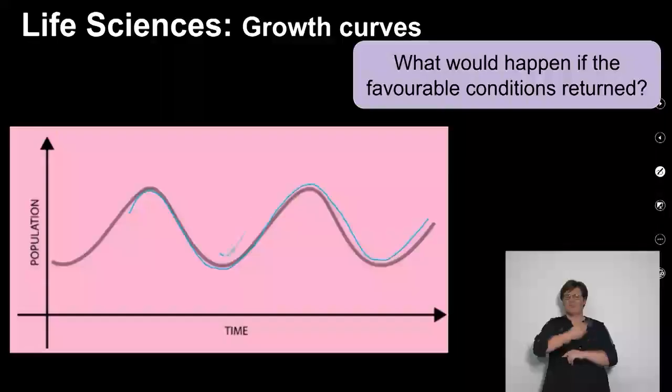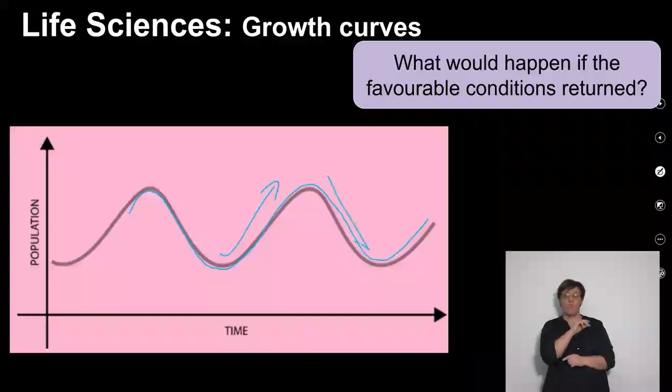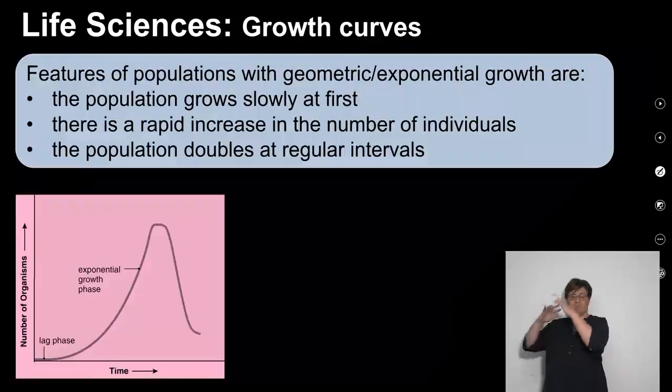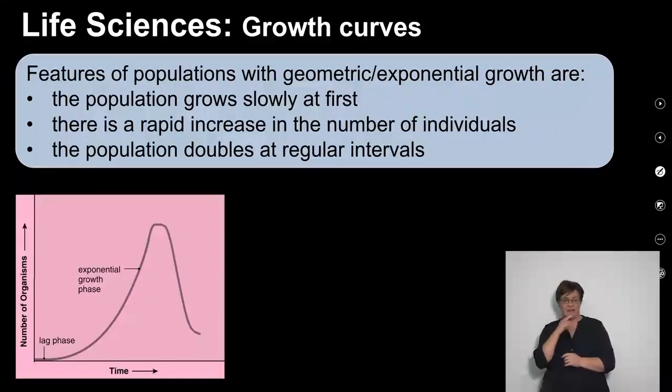That's the boom, and then bust. The population collapses. And this is typical of the kind of geometric or exponential growth rate that we see.